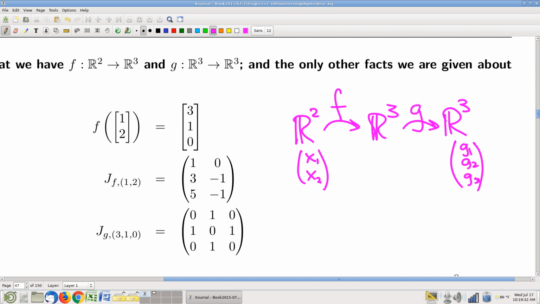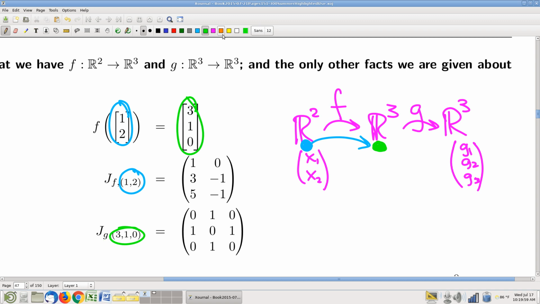Okay. So notice we have this point (1, 2) living over here in the domain of f, where I know what the Jacobian is, and that point (1, 2) goes by way of f to this point (3, 1, 0). And at the point (3, 1, 0), I know what the Jacobian of G is. Right?